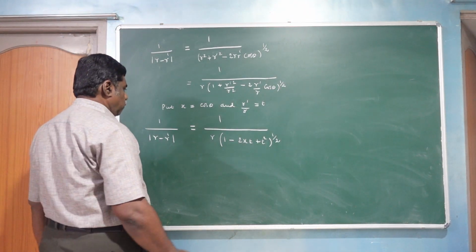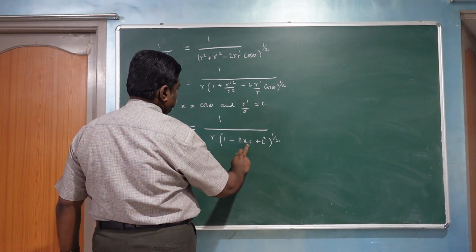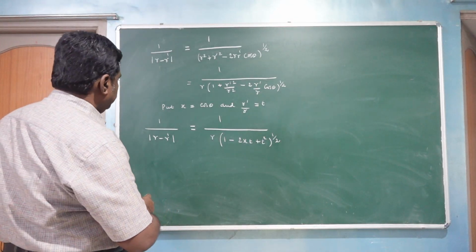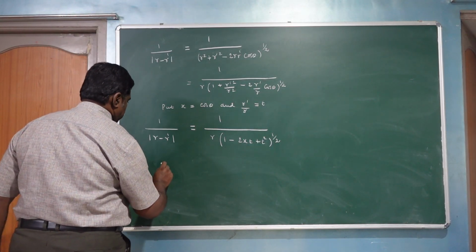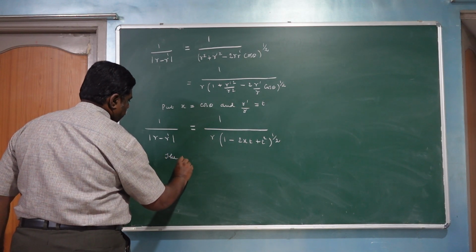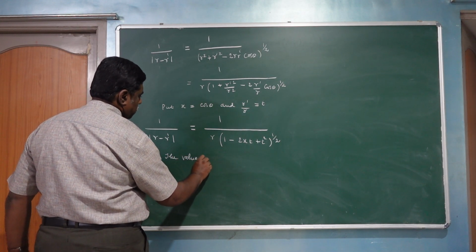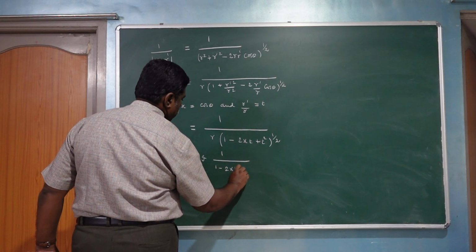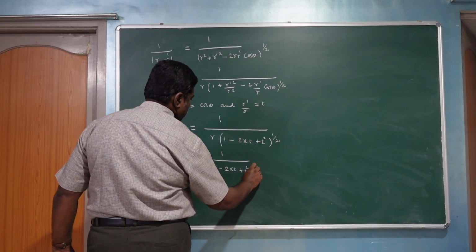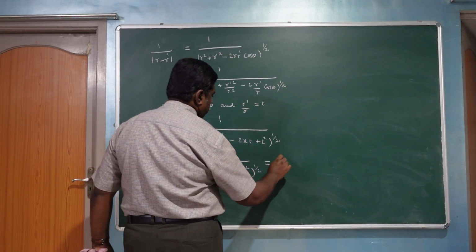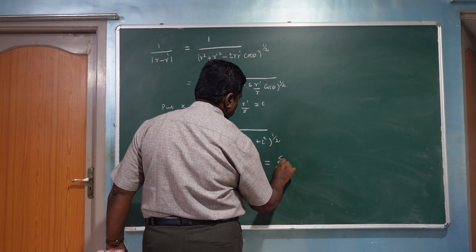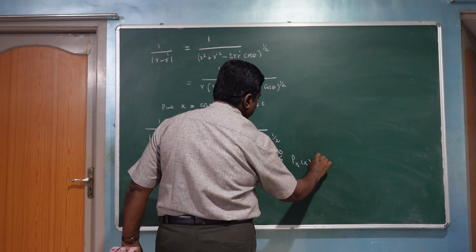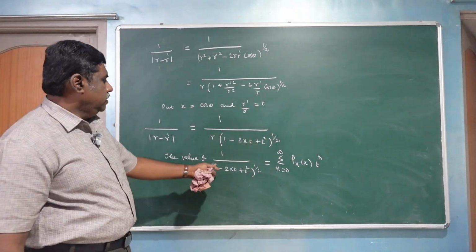Now you have to find out the value of 1 divided by 1 minus 2xt plus t square power half in terms of Legendre's generating function. The value of 1 divided by 1 minus 2xt plus t square power half is equal to summation over n equal to 0 to infinity Pn of x into t power n according to Legendre's generating function.